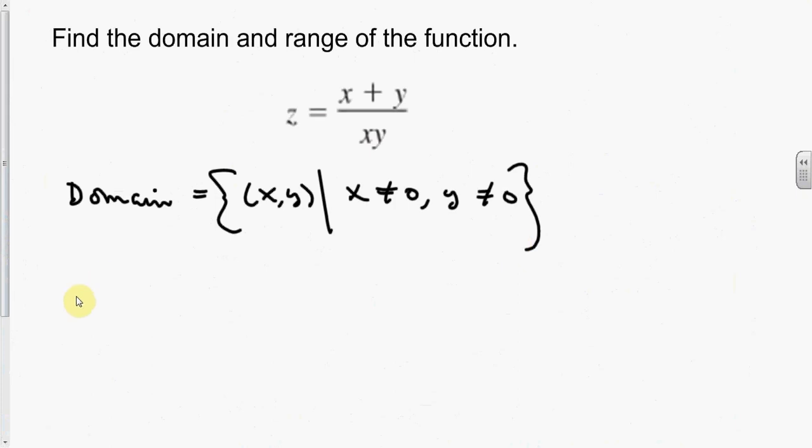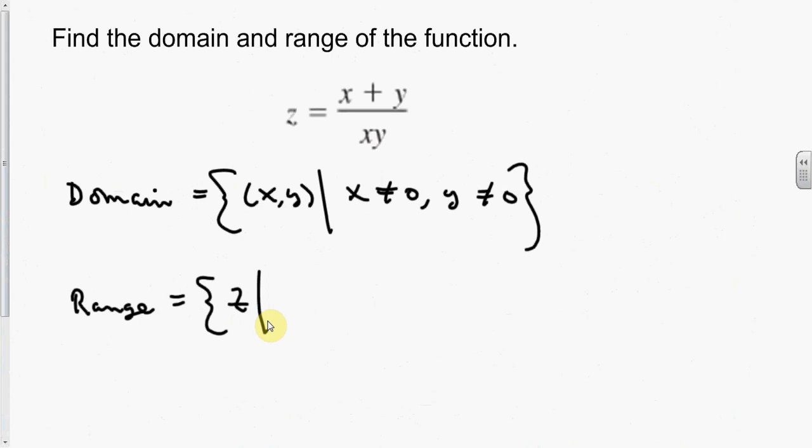What about the range? That would be the set of all z values, right? Is there any restriction on z? In terms of restrictions, on the number line, can z be negative? Can z equal 0? Can z be positive?